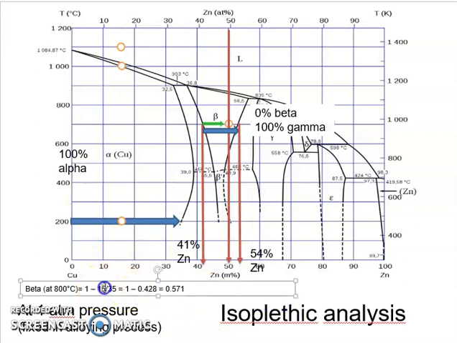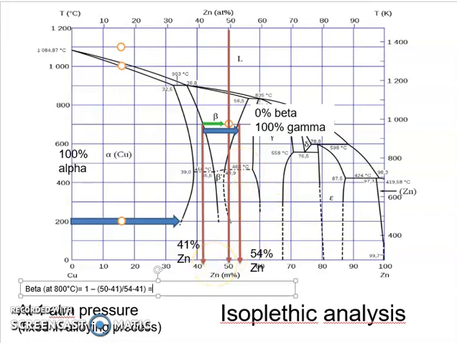On the denominator we have the subtraction, the pivot is 50 minus 41, divided by the total length, 54 minus 41.